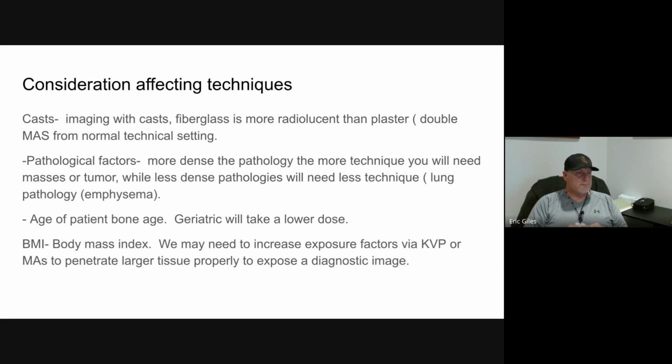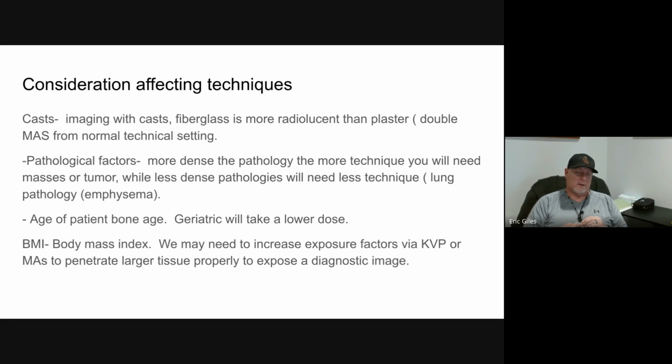So, okay, age of the patient, bone age. Geriatric patients lose some bone density, and you need to change your technique in that case too, because you don't need what you need to get through a normal bone versus a geriatric bone. Same thing with kiddos.